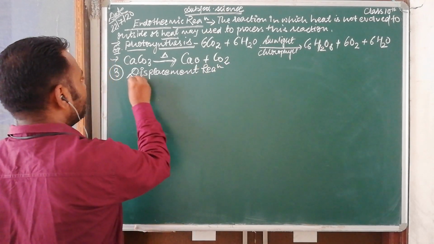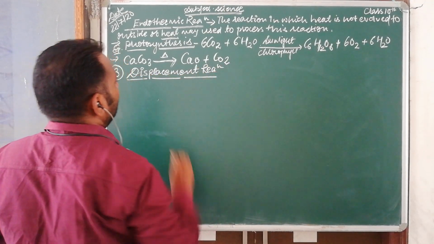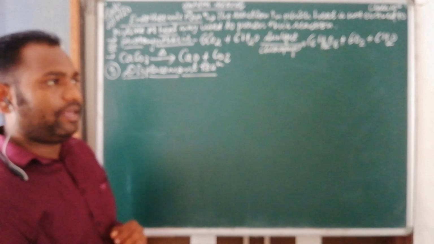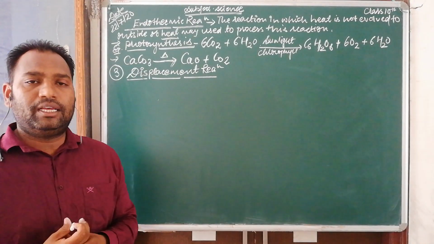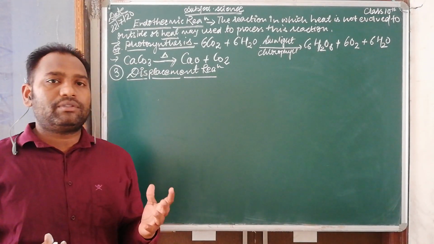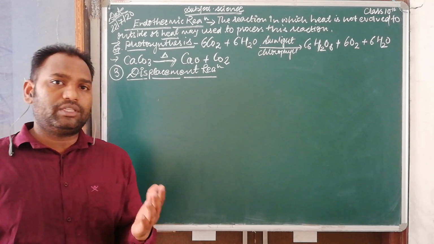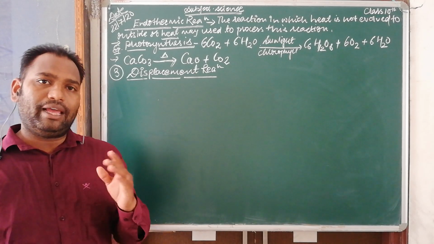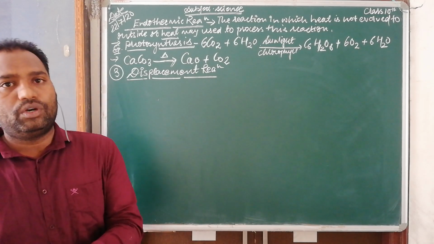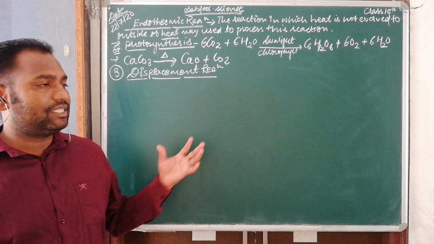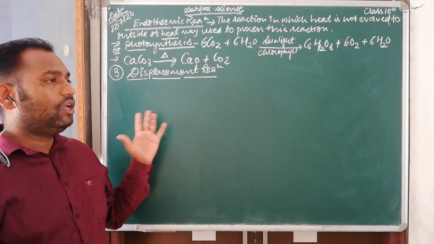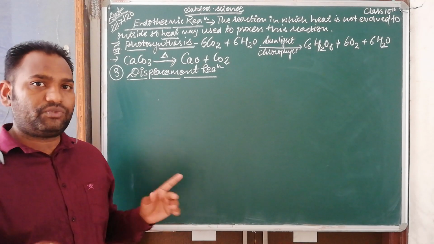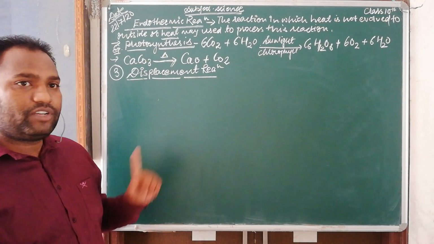Displacement reaction means in the reactant some atoms or molecules are displaced from their actual place and go to other places. We will see the example also. First we have to see the definition of displacement reaction.